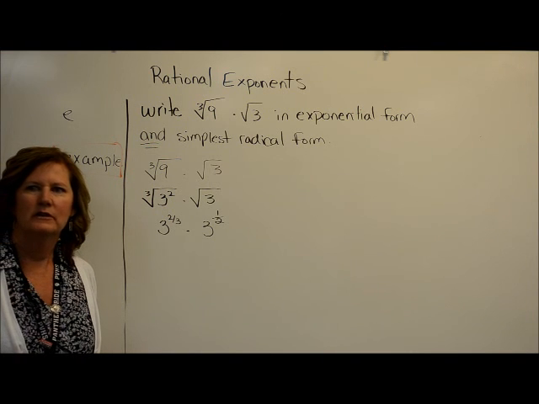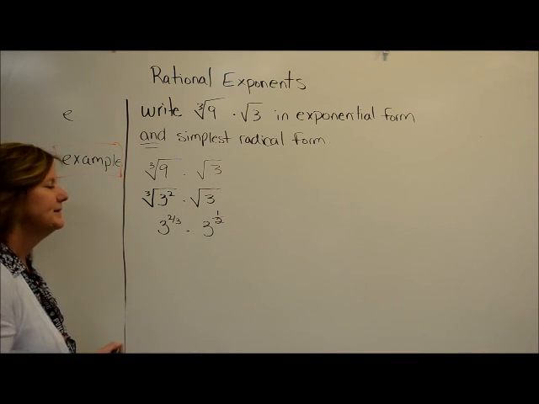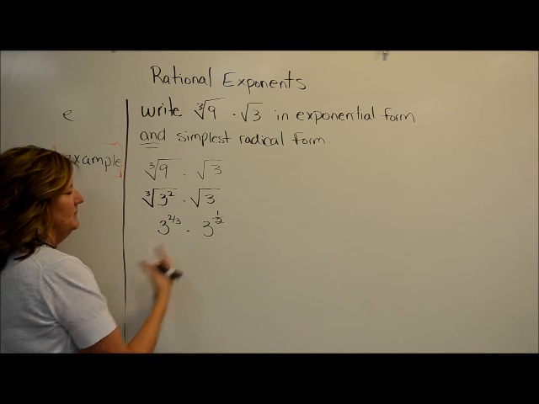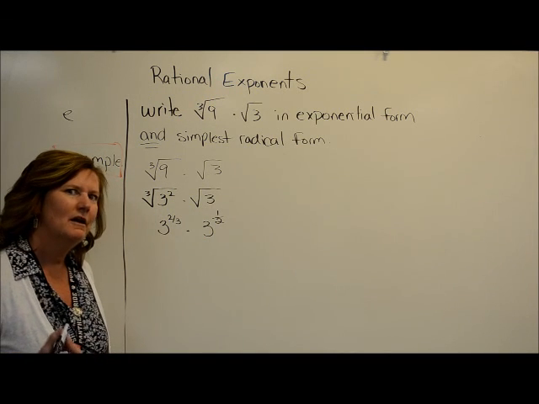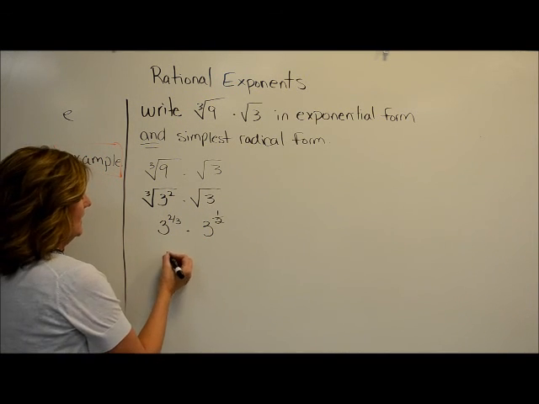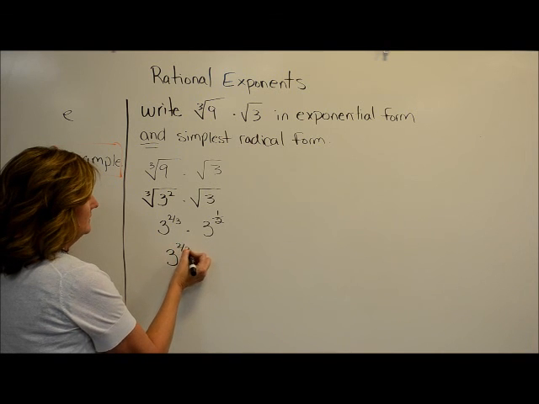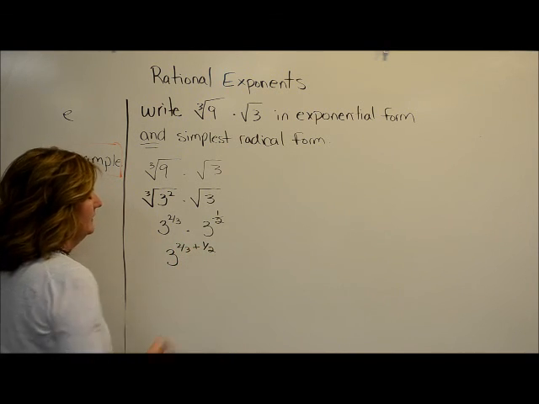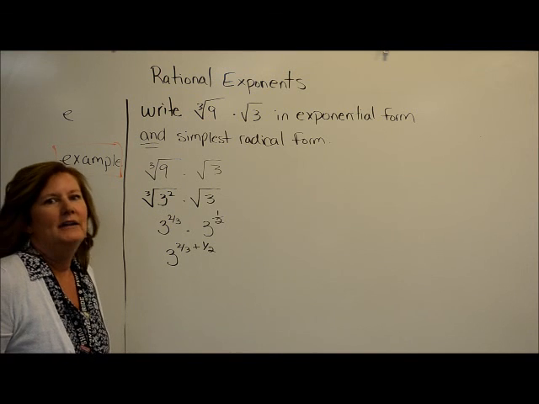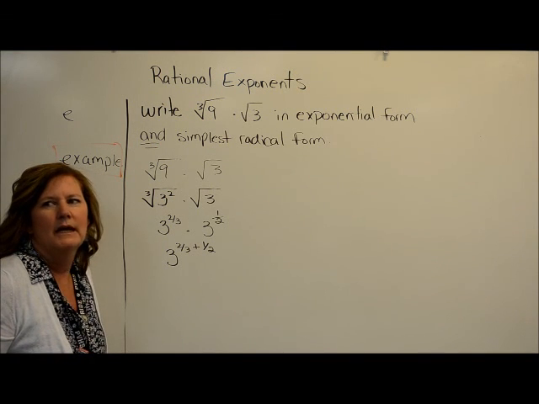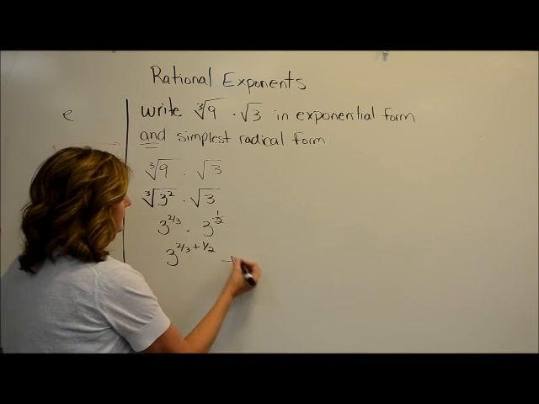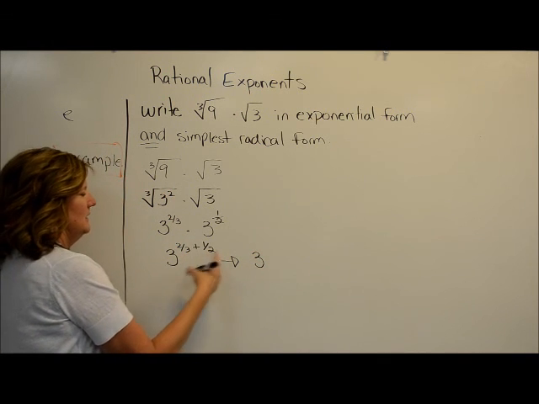From there, we're just going to use laws of exponents. So I'm multiplying bases, but I don't really multiply the bases at all. I just add the exponents. So I have 3 to the 2/3 plus 1/2. I'm trying to add two fractions that don't have a common denominator, so I'm going to have to find a common denominator here.